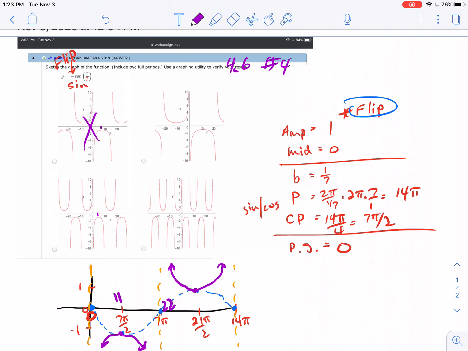This one looks like it's opening down at about 5, so not that one. That one also looks like it's opening down at about 5. So really it would be this one, and you can see it's opening at about 11, and then there looks like there's a vertical asymptote maybe at 22, and there's another vertical asymptote at 0, so that would be my graph.